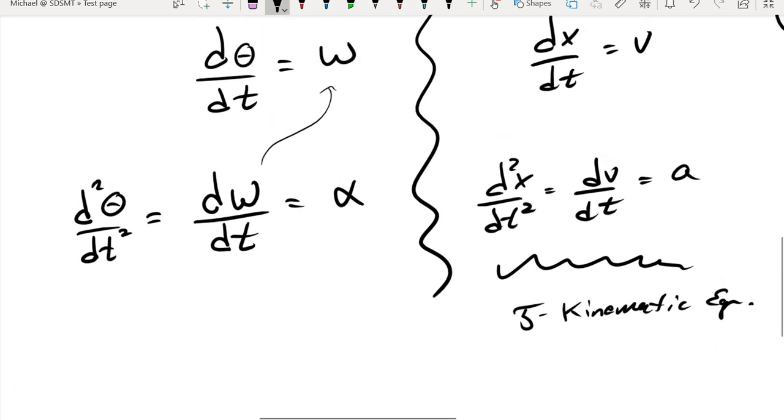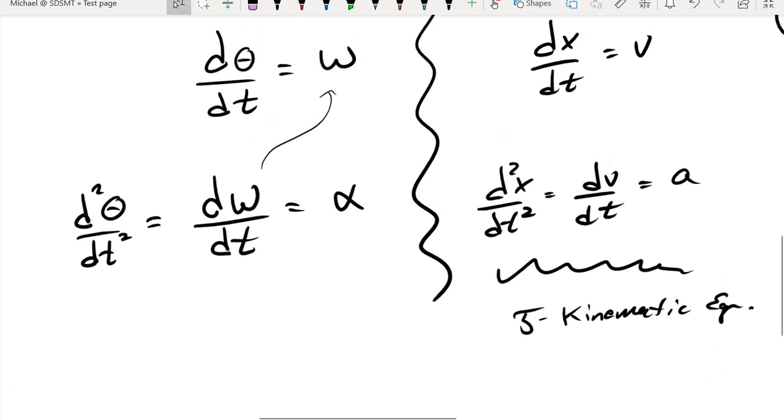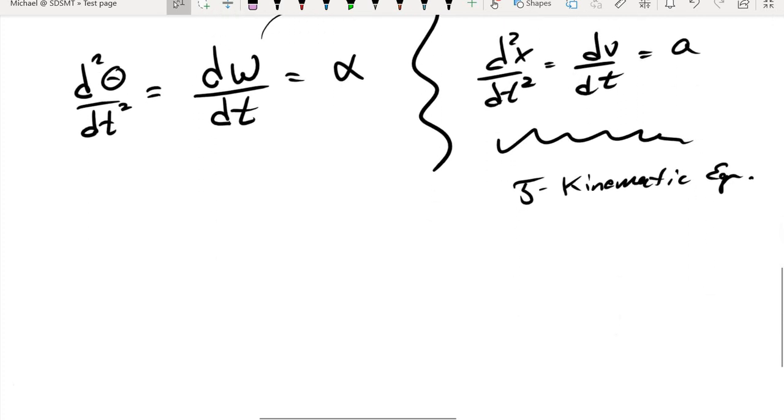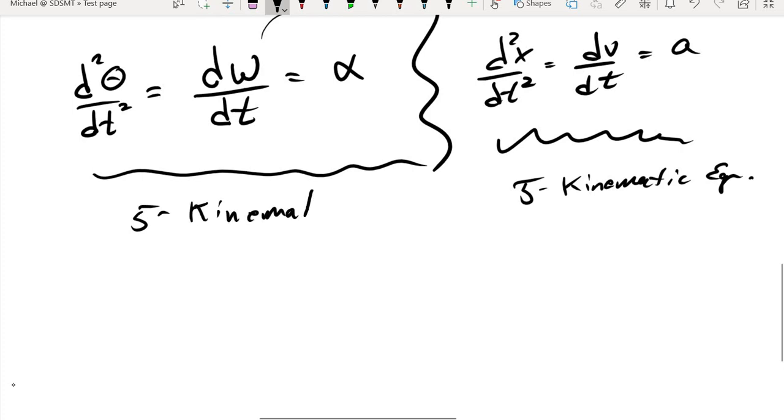But because the structure of these equations is really no different, the calculus itself has not changed, which means that we can actually go through the math and derive 5 new kinematic equations using the new angular definitions.